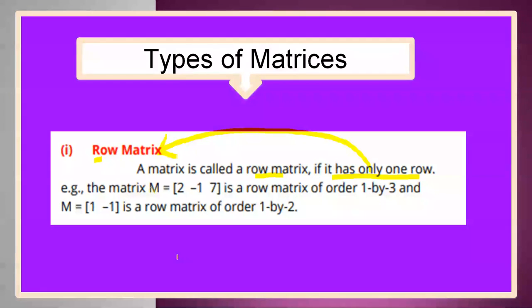Let's suppose I have a matrix M and it has only one row. That's why it's called a row matrix. Look here, how many rows? One row. Because the horizontal line always gives you the number of rows, and I have only one line here. That's why it's your row matrix.